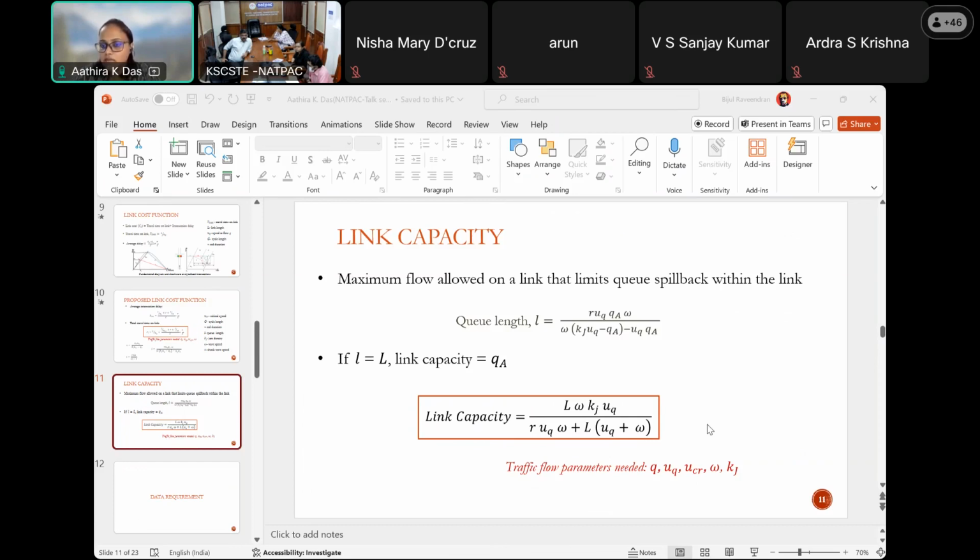If we can obtain such data, the same procedure can be used to get these parameters, and the functions can be further validated using more data. And these functions can be used.